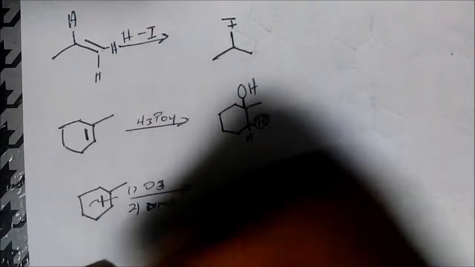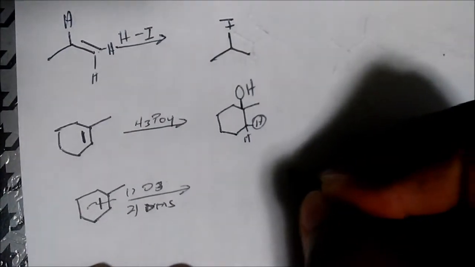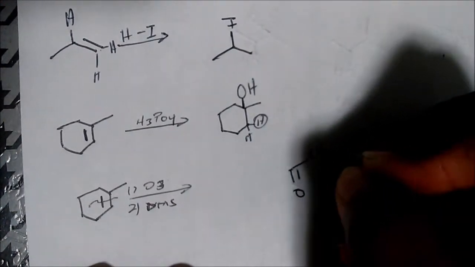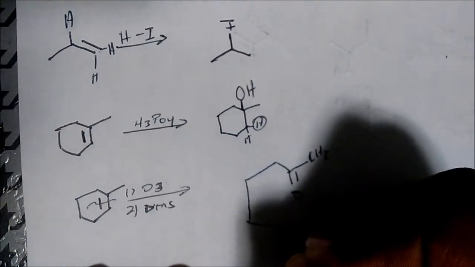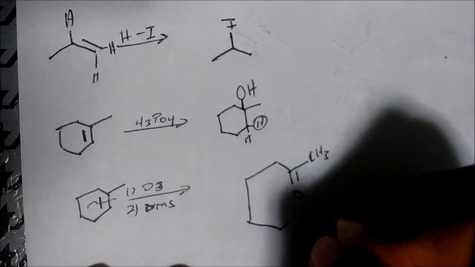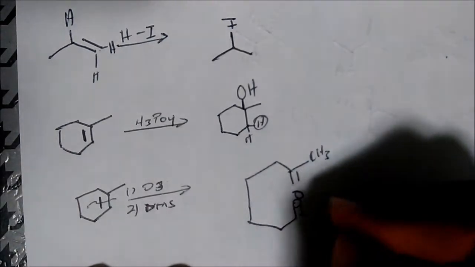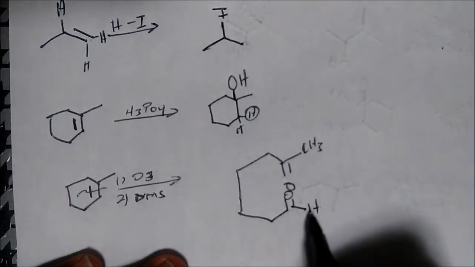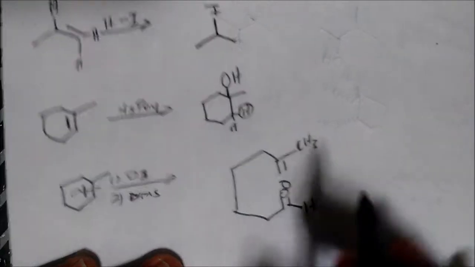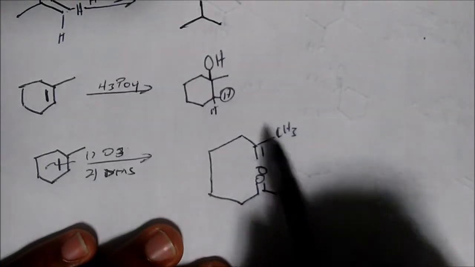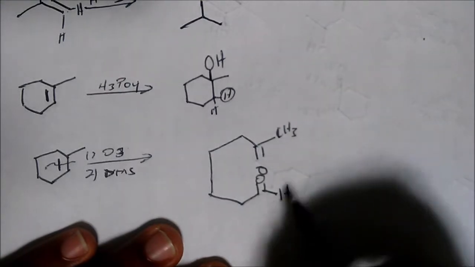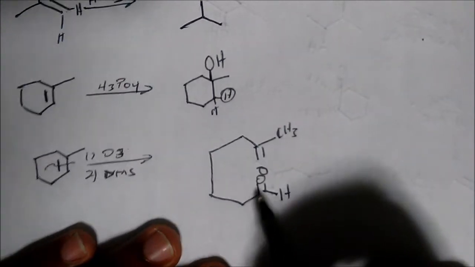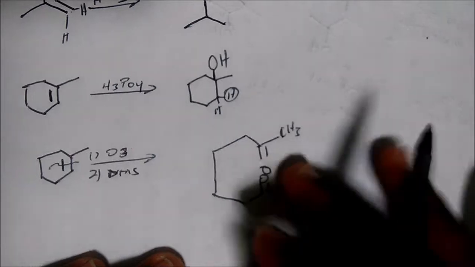So again, we cleave that and we get something that looks like this, where this is a CH3, and then we draw the same molecule, that O right there, and we have a hydrogen here. So notice we get an aldehyde and a ketone, and we could convert this into a line structure if we want, but that's not the point. Notice that this is one product, with just two different functional groups.